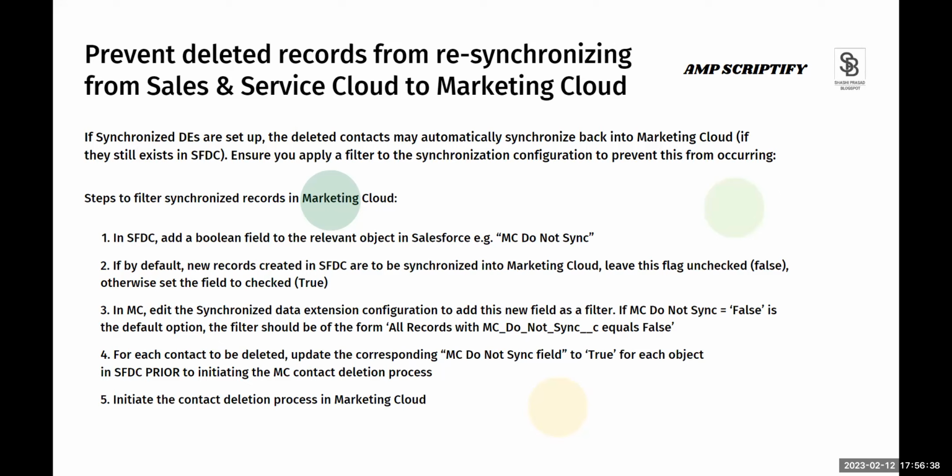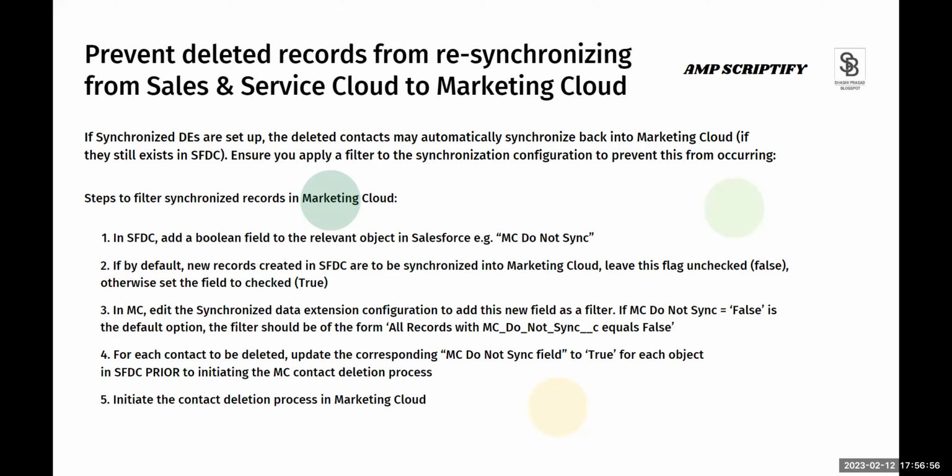So this all happens when you don't stop synchronization, or if you don't apply certain filters in your synchronized data extension or in your setup. So the best part is defining: these are the contacts that I need to delete.